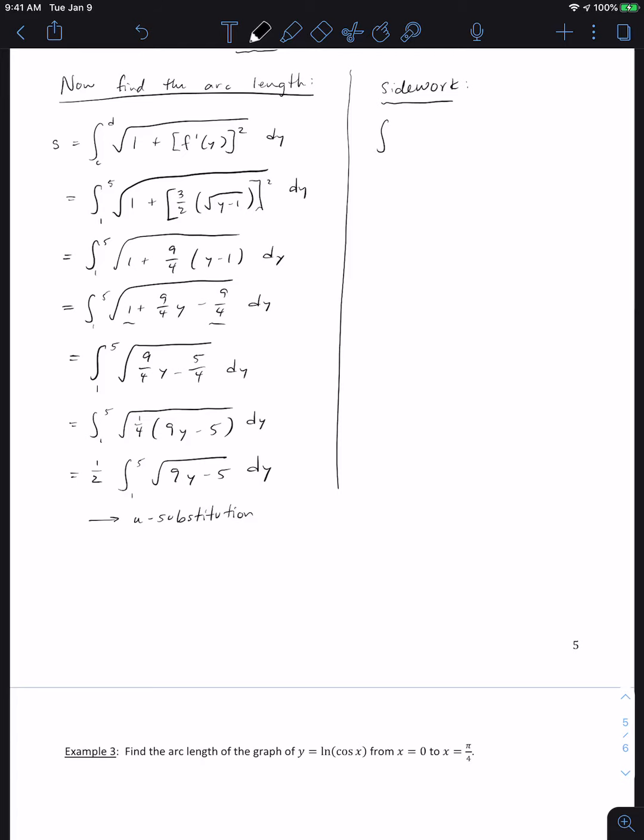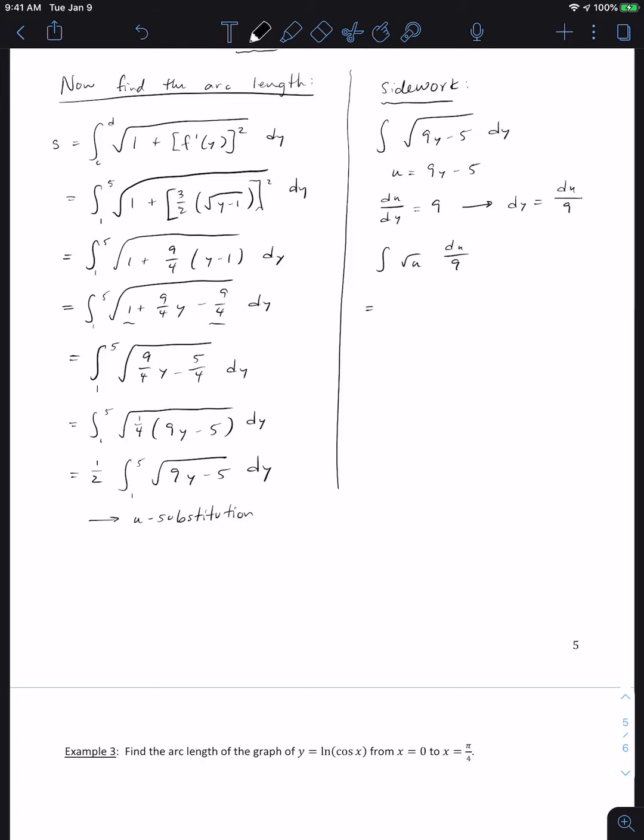So my integral here is the square root of 9y minus 5 dy. My inner function is u, so that's 9y minus 5. Taking du over dy, the derivative of that is 9, which means that my dy is equal to du over 9.